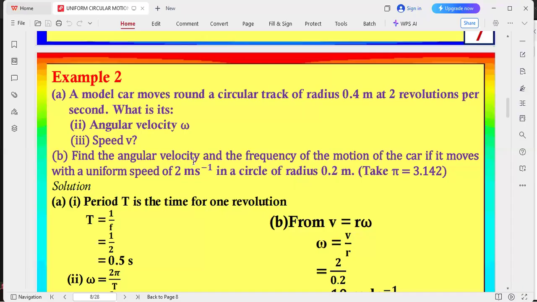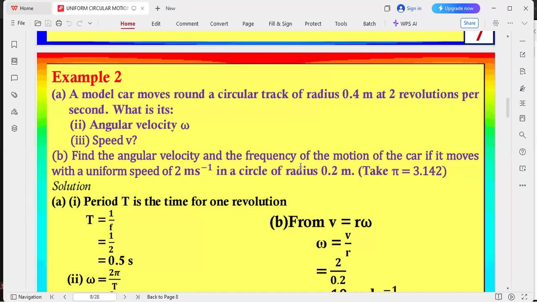Angular velocity omega equals v over r. Our v is 2 meters per second and radius is 0.2. So the answer is 10 radians per second. That's our new angular velocity.